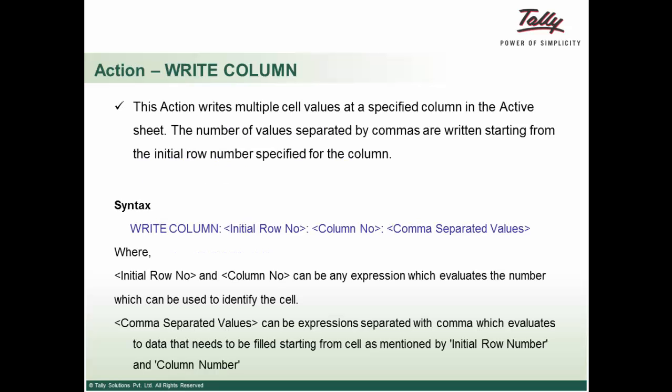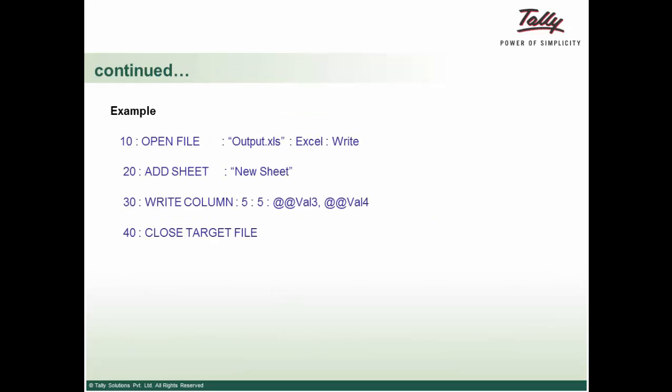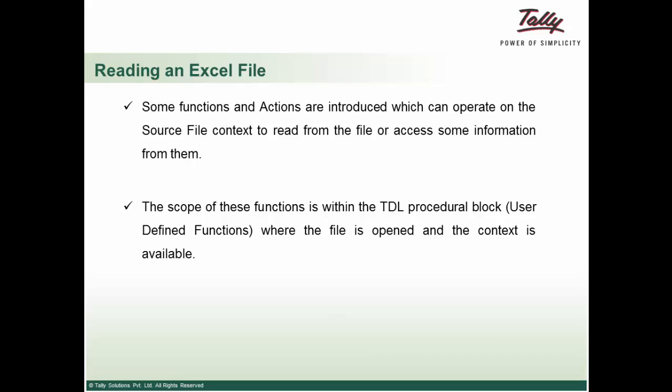When you write column, you need to provide the initial row number and the column number will be static. So it will go as row 1 column 1, row 2 column 1, row 3 column 1, with comma separated values, so the values will go vertical. Now when reading from the Excel, again it's cells that you need to read.